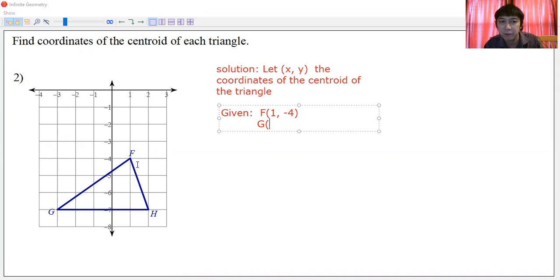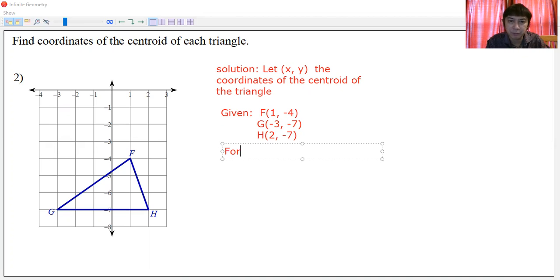Point F is at the fourth quadrant, and point G is at the third. So the coordinates of G is negative 3 and negative 7 there. And then for the point H, that's located at 2, negative 7 there.